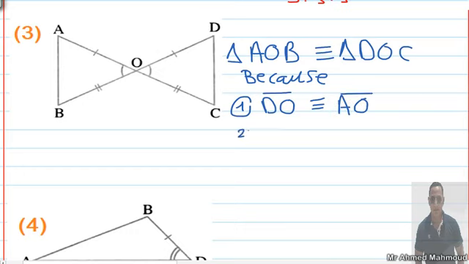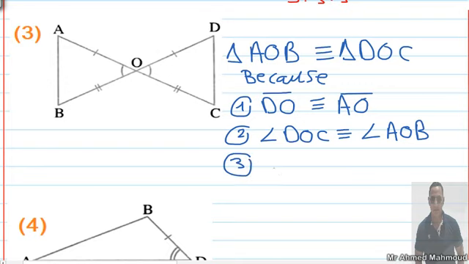Number two, angle DOC congruent to angle AOB. Number three, OC congruent to OB. And the case here is, as we see, SAS.